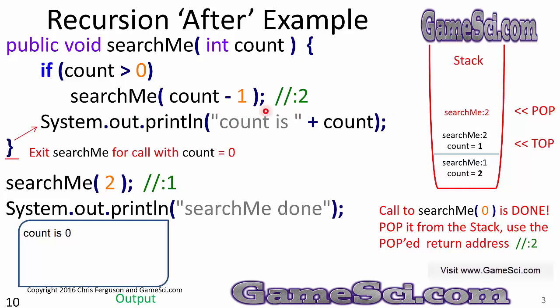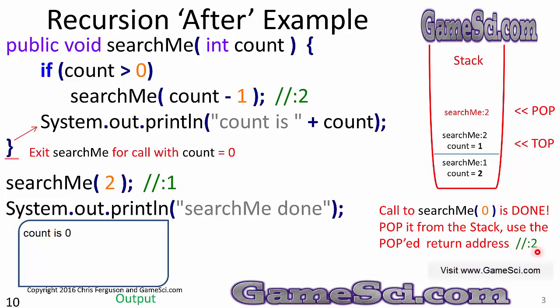SearchMe :2 was called. So this call, when count was equal to 0, is the one that just finished. So we popped it off the stack, and we've got to come back and execute the line of code after that call to SearchMe, the call where the parameter was 0. So when we come back, we're going to jump to this line of code and execute it again.